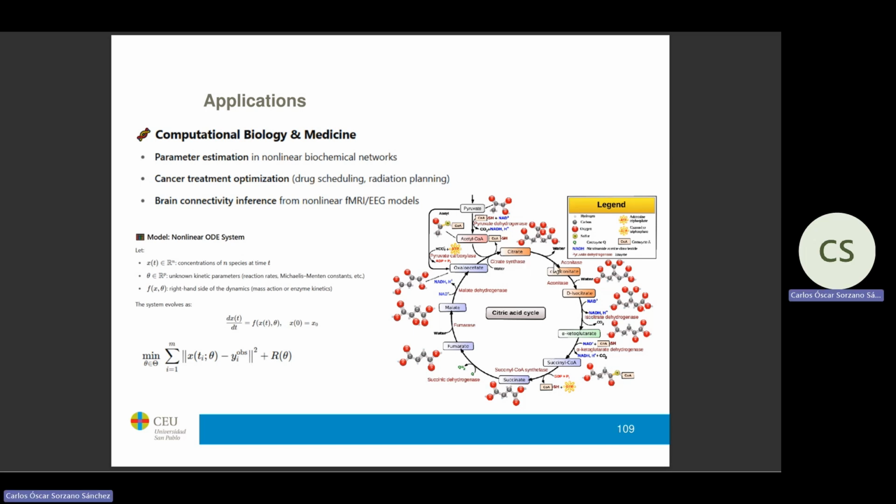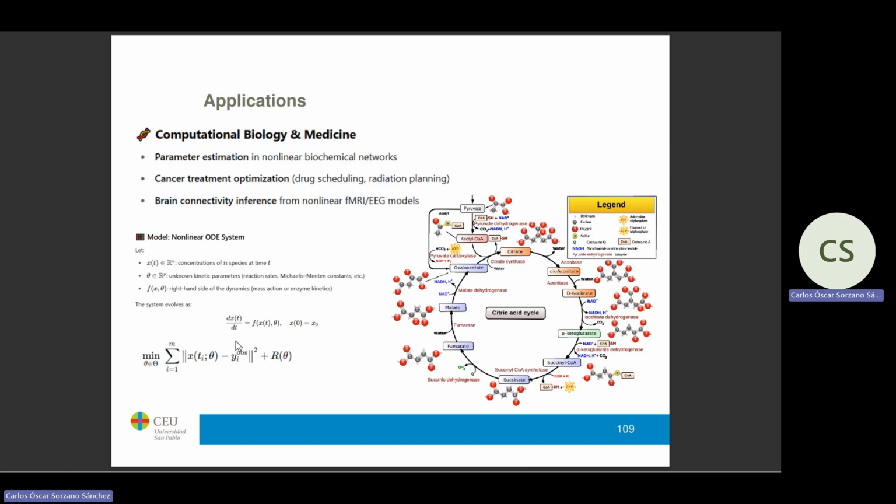these chemical networks, if you want. These chemical reactions can be defined by differential equations. Starting with some initial condition, you can simulate forward how these chemical reactions will behave.